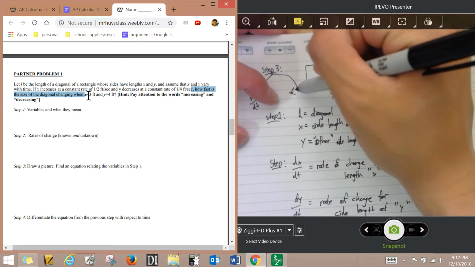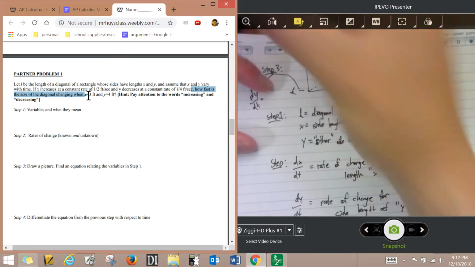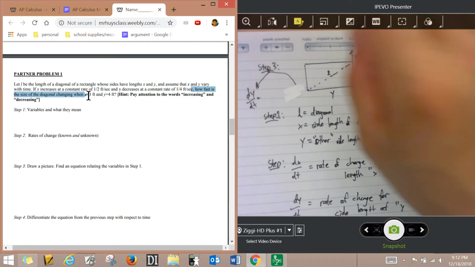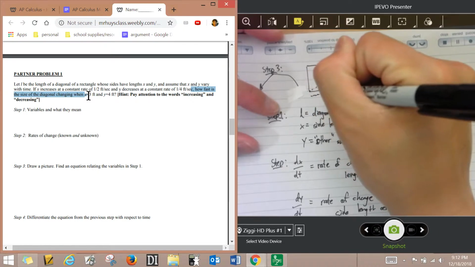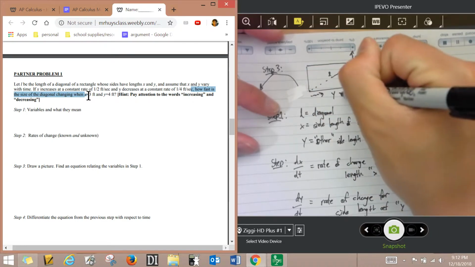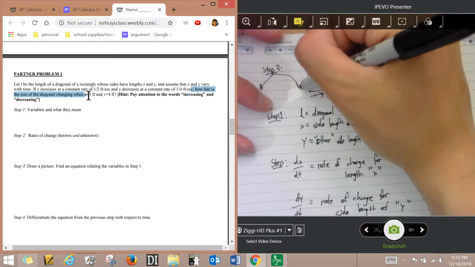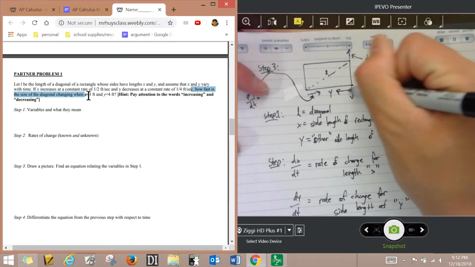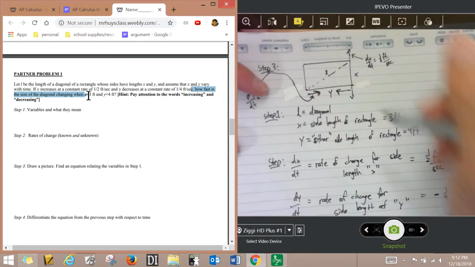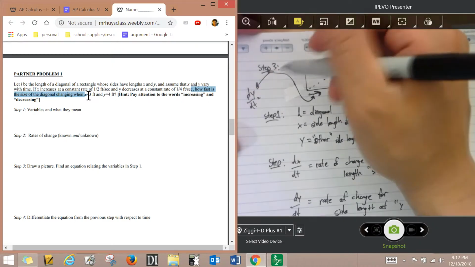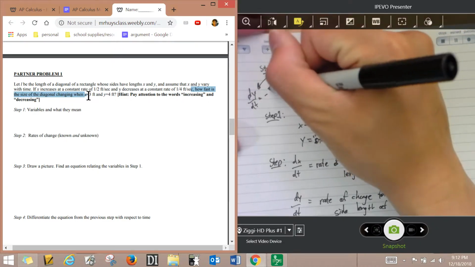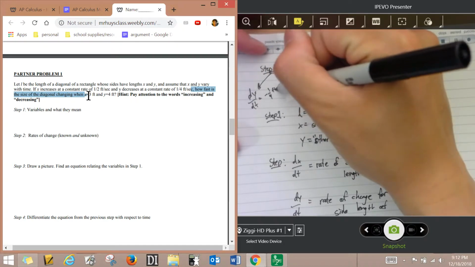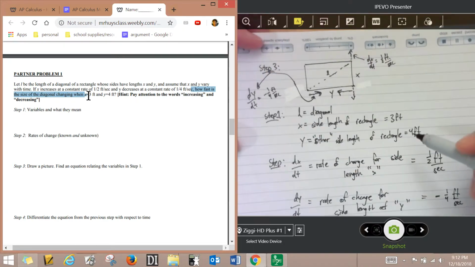I'm sorry. Let's erase that. So y is actually going in and contracting. So let's kind of fix that. These are arrows kind of going inwards, right? So that is how dy over dt is decreasing at negative 1/4 feet per second. That's negative 1/4, okay?